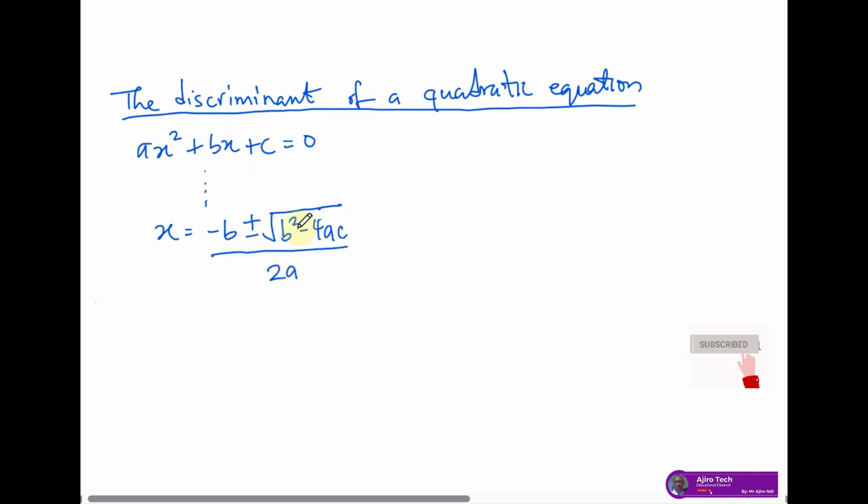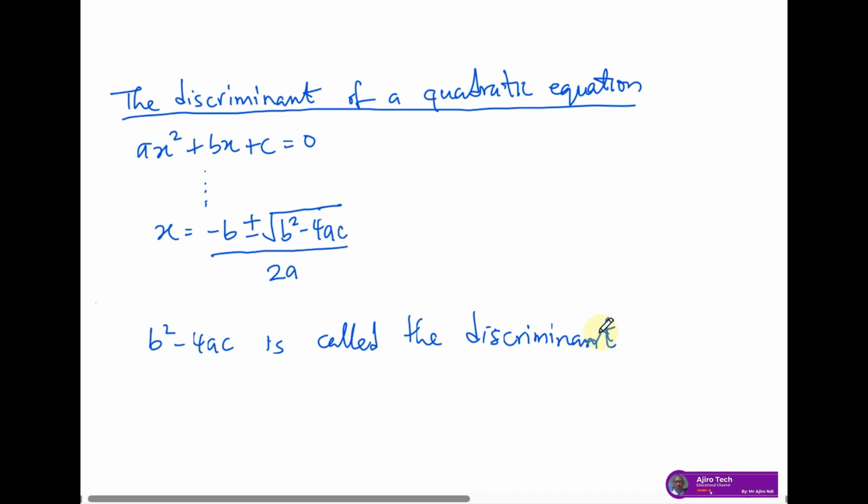Now, what's going to determine the turning point is this bracket. Let me not say turning point. This is called the discriminant. Now, b squared minus 4ac is called the discriminant of the equation. So let us see one or two examples.